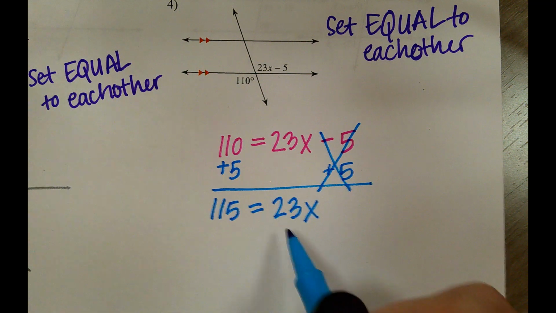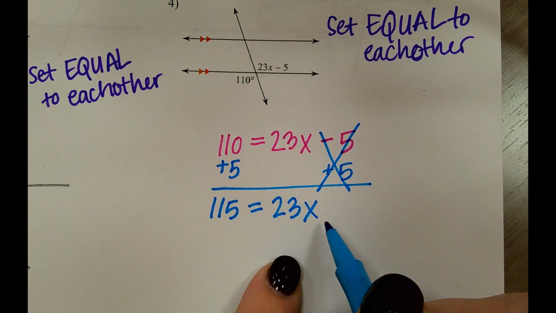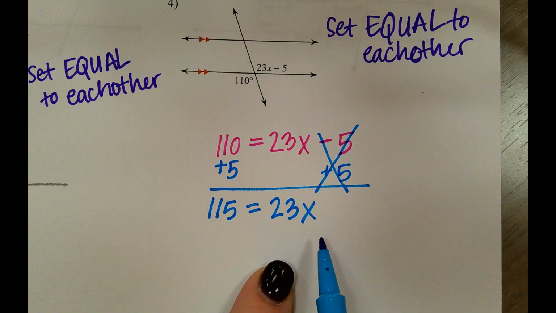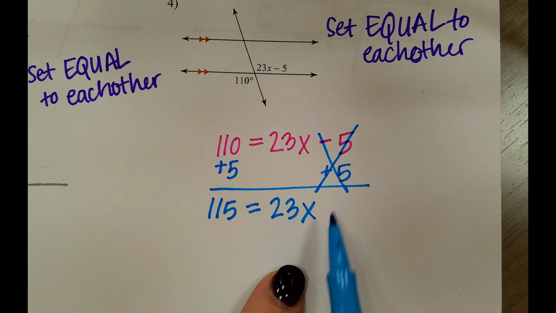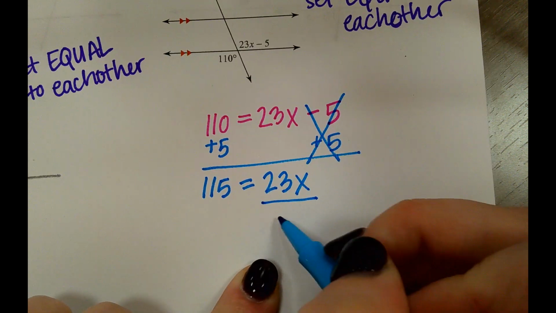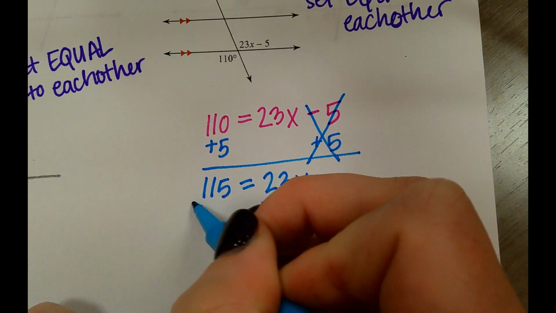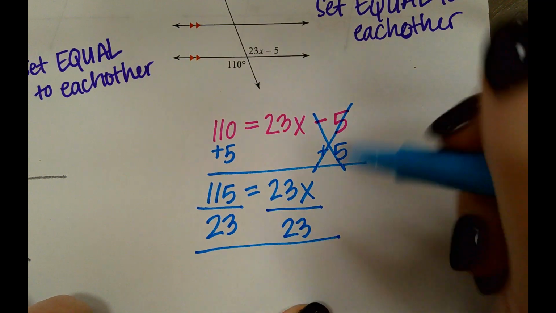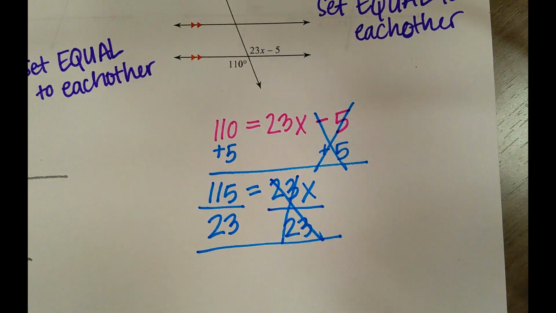Very close. We don't want to subtract 23. Right here we have 23x, which means 23 times x. What's the opposite of times? Divide. Good. So we're going to divide by 23 on both sides. Okay, and those will cancel out.